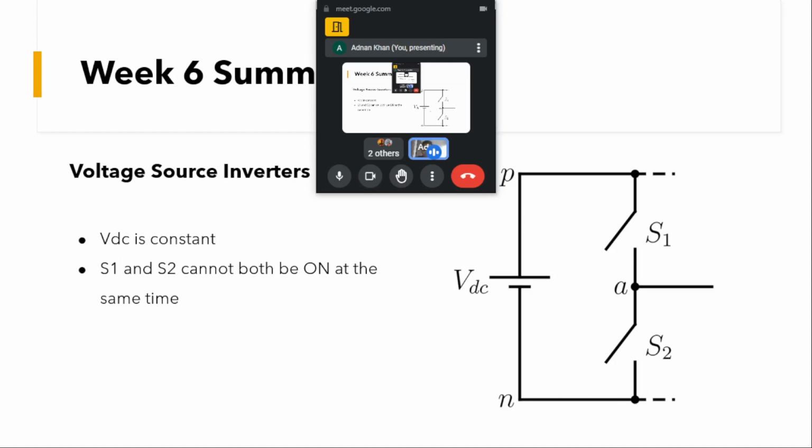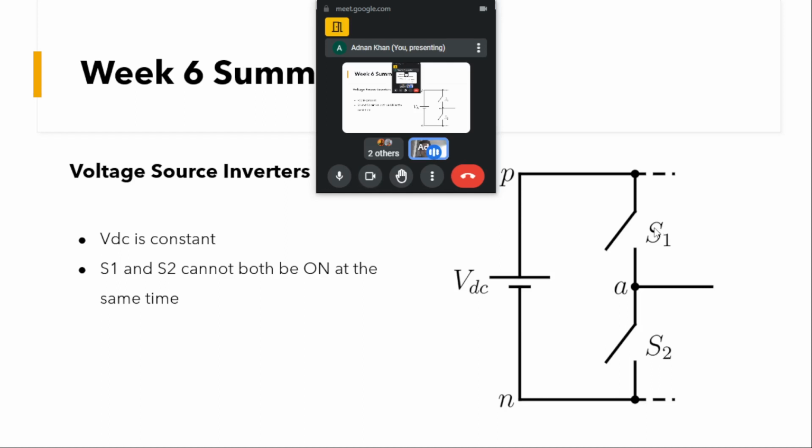Can we achieve this from a constant VDC source? We have a constant VDC source and two switches connected in series, with midpoint A. One thing to note is that a voltage source cannot be shorted, so we cannot turn on S1 and S2 simultaneously.